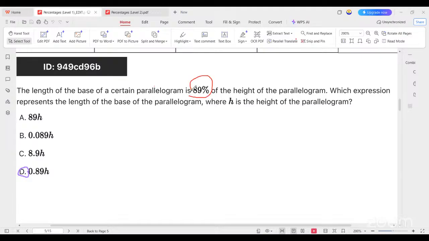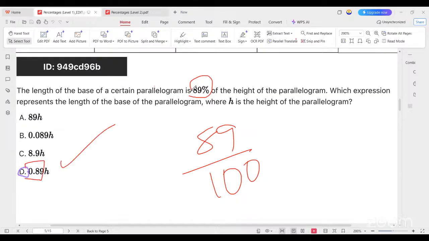So 89% is nothing but 89 out of 100. That's what we discussed, that is what percent means. So 89 out of 100 is nothing but 0.89 times height.